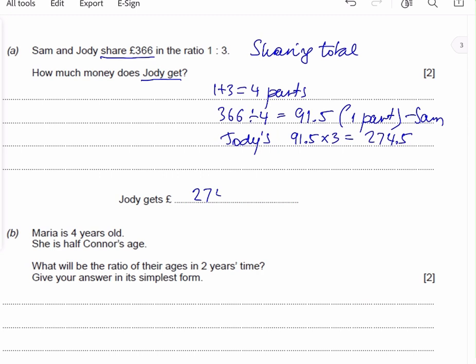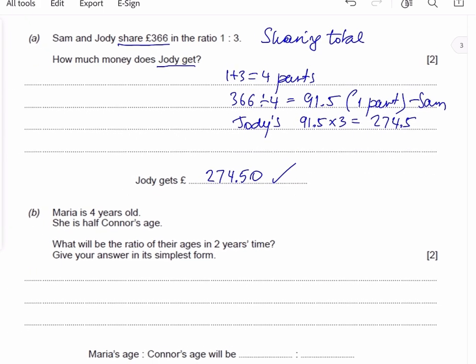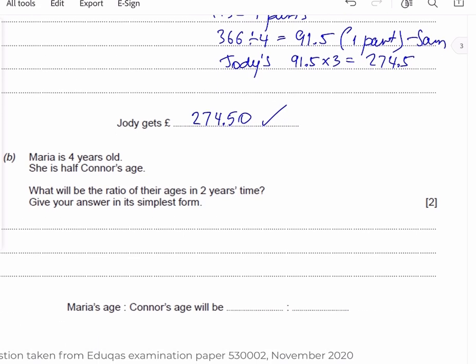So 274.50. So don't forget to put 0 there because that's money. So let's look at the next question.